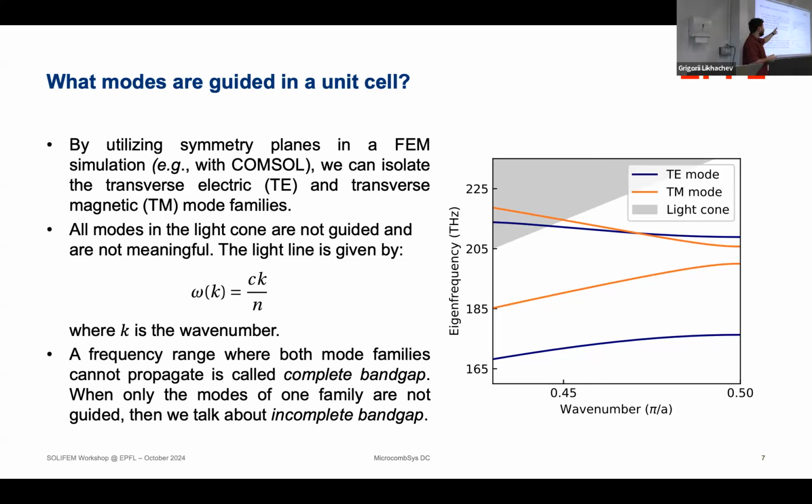For example, in my case, I don't care about the TM because my waveguide is very thin. I know that if there are modes in the TM family, they will already be so lossy, I don't care about them. So what I do is try to maximize the TE band gap.